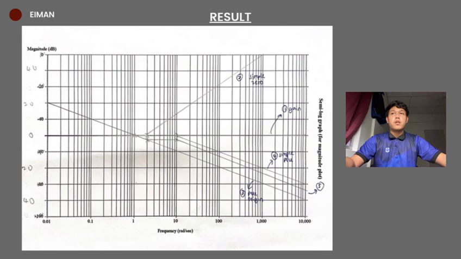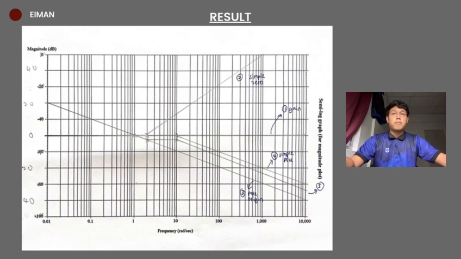We begin with the constant gain of 5. To plot on a Bode magnitude plot, we calculate 20 log 10 times 5, which equals 14 dB. This means the entire magnitude plot will be shifted up by 14 decibels.